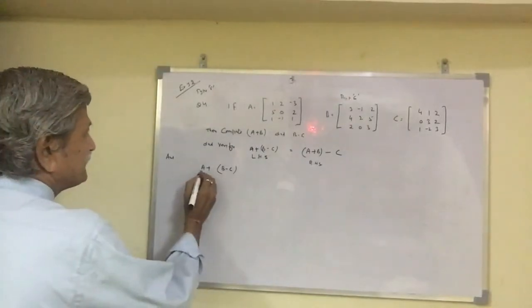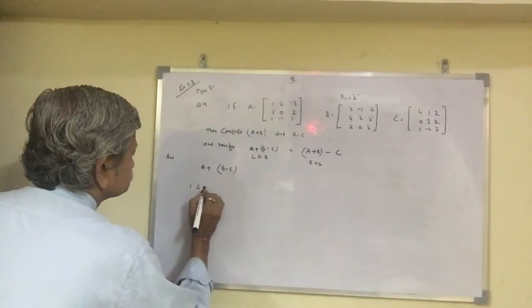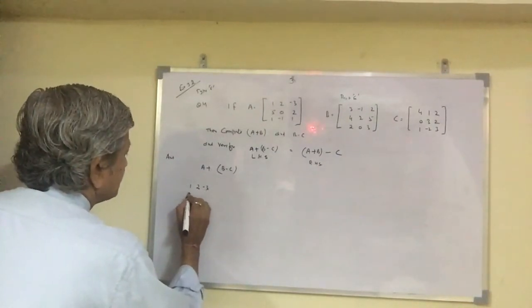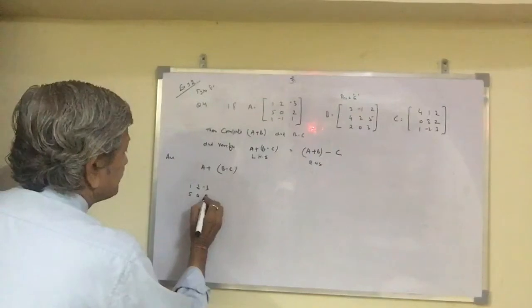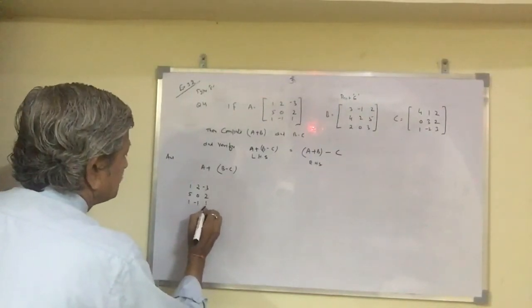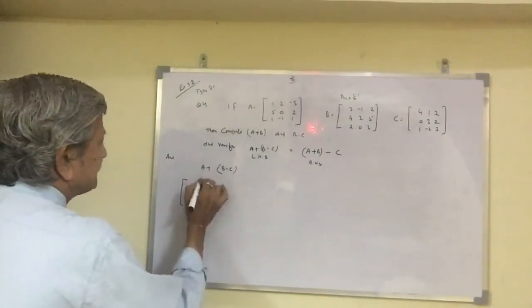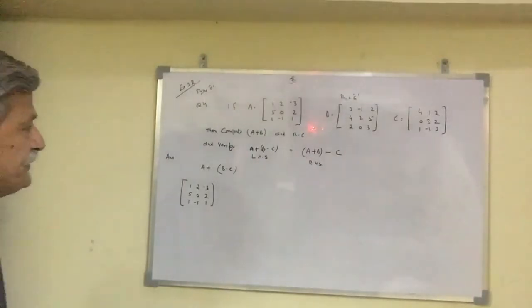Here A matrix is 1, 2, -3, 5, 0, 2, 1, -1, 1. This is what I put as the A part.